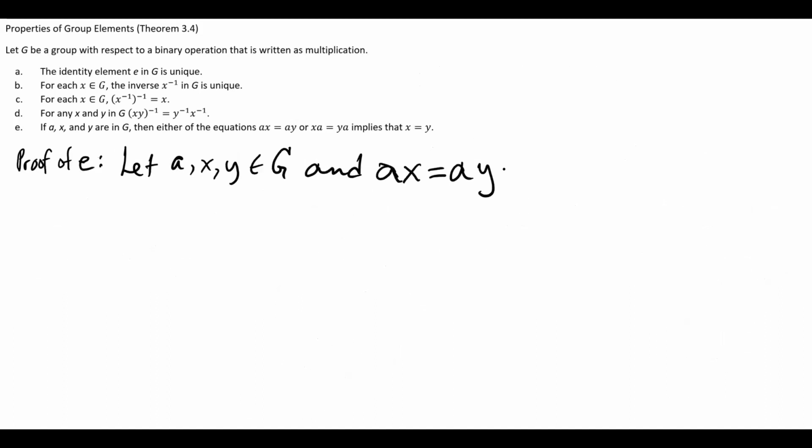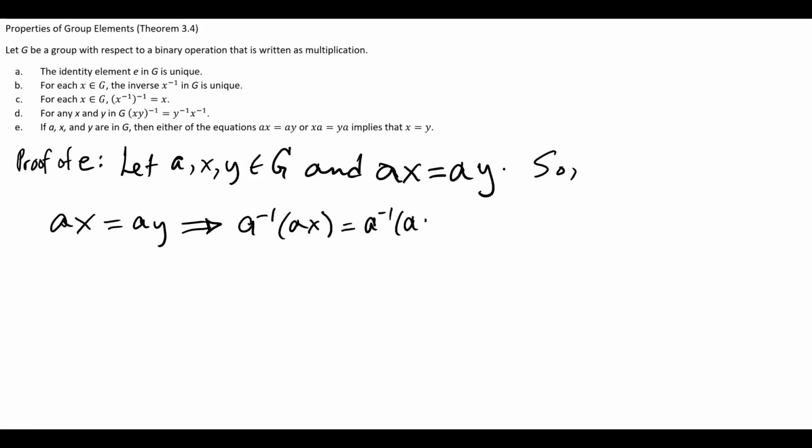To prove E, we will let a, x, and y be elements of G, and we're going to assume that ax is equal to ay. Well, if ax is equal to ay, that implies that a inverse times ax is equal to a inverse times ay.